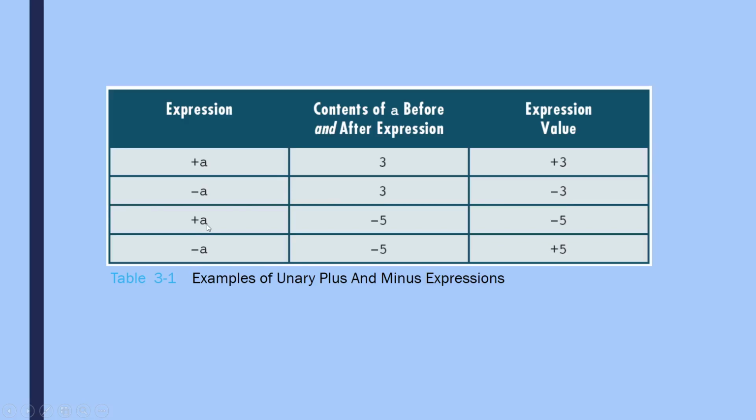And we have the expression positive A, in which the value of A is -5, so positive and negative is negative. And now we have the expression negative A, and the value of A is -5, so we have +5. Okay, negative and negative is positive.